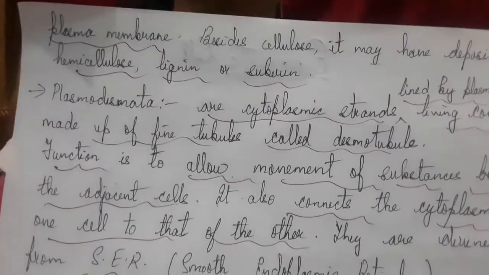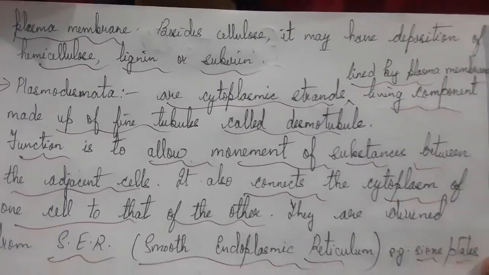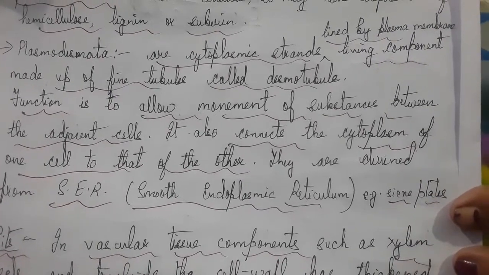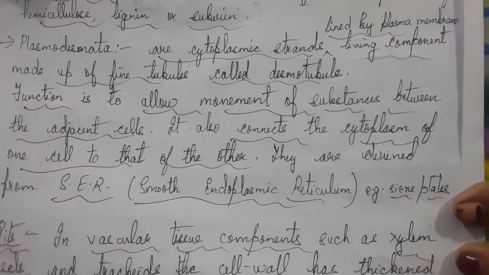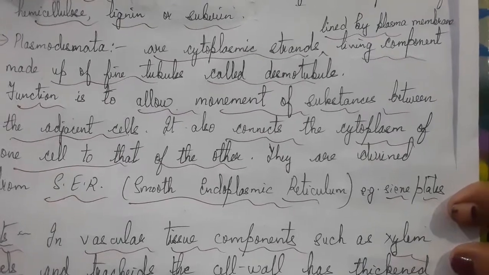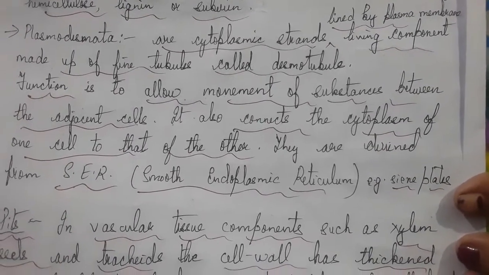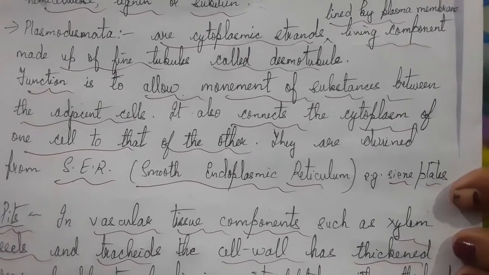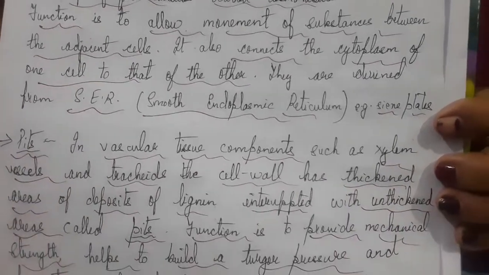Then you have the plasma membrane. Besides this, I had discussed the special structures found in the cell wall, plasmodesmata and pits. Plasmodesmata bring about connection. That means they connect two adjacent cells, or you can say the cytoplasm of one cell with the other.